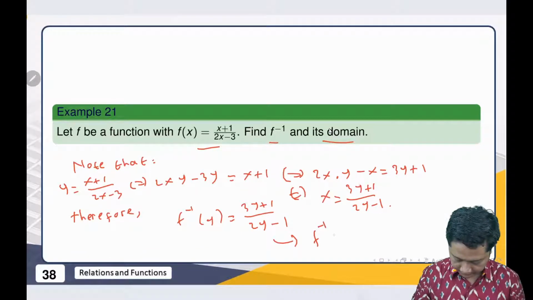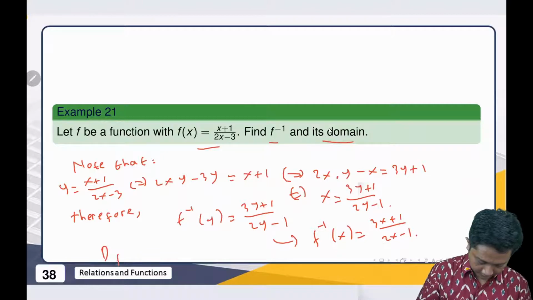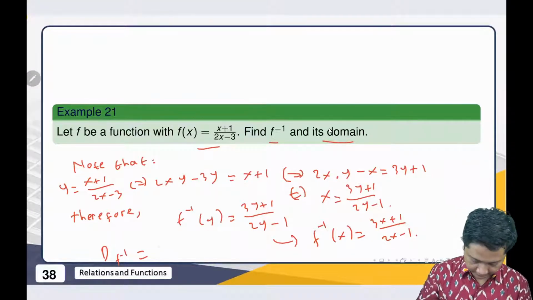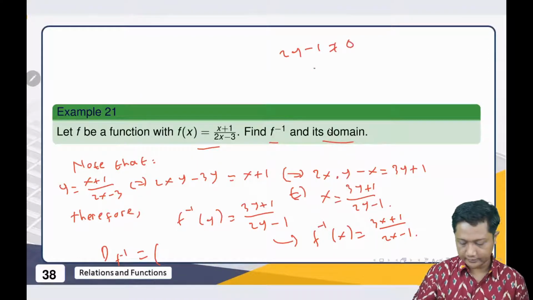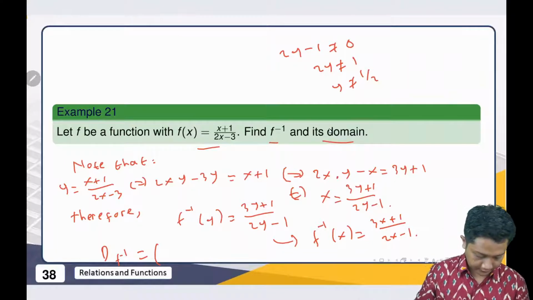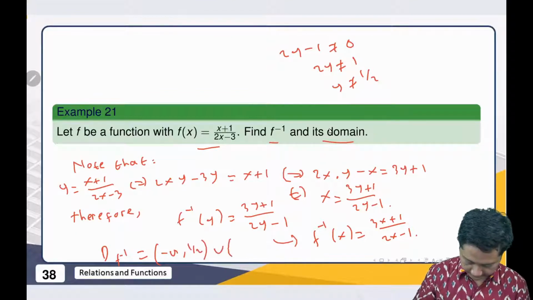So we have f inverse of x equal to (3x+1)/(2x-1). And what is the domain of f inverse? It should be clear because 2y - 1 cannot be 0. That means 2y cannot be 1, then y cannot be equal to half. So from minus infinity to half, union from half to infinity.